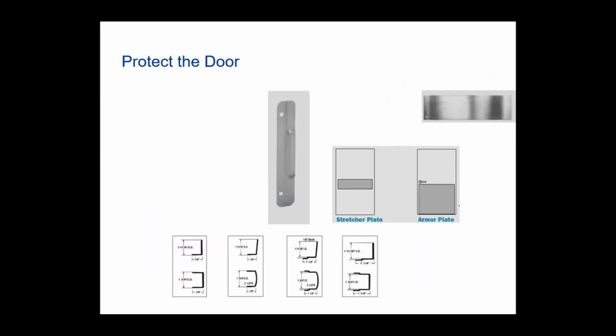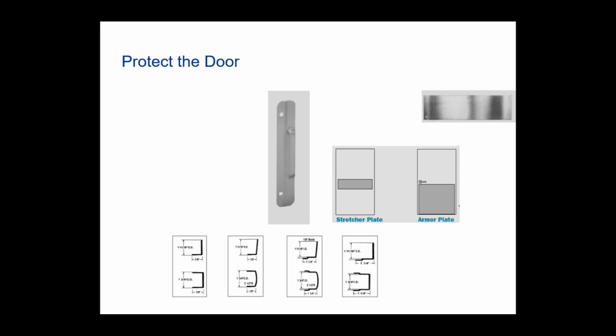So protecting the door. These are going to be the quickest portion of what we're going to be discussing today. But there are various different ways to protect the door. I'm not going to show you each example here, but kick plates, armor guards, edge guards, and then mortise latch guards. The basic intent of all of these is to protect your door and allow you to have longevity of your opening.